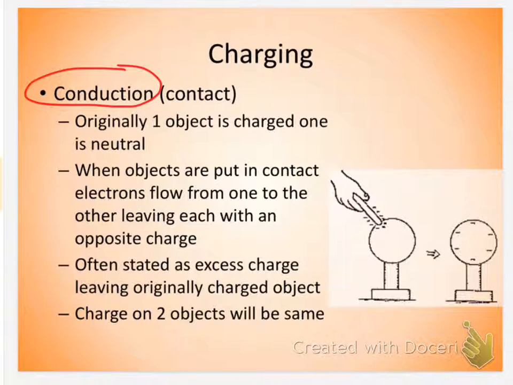And when you put them in contact, electrons flow. So now the one that was originally charged is now neutral. The one that was originally neutral now has a charge.